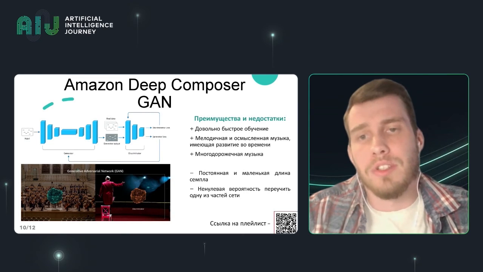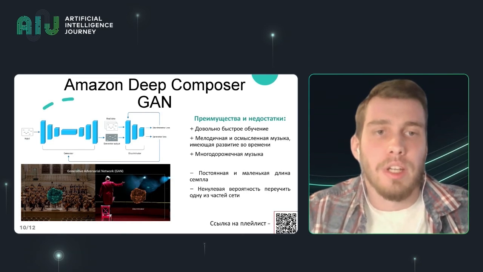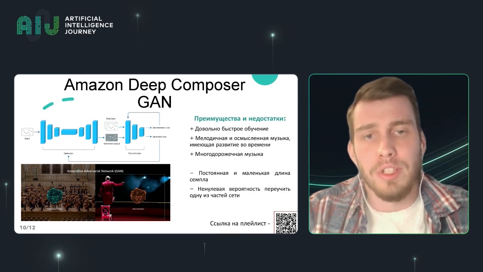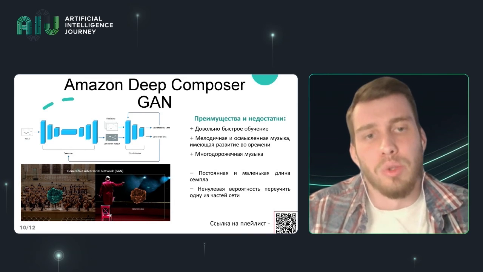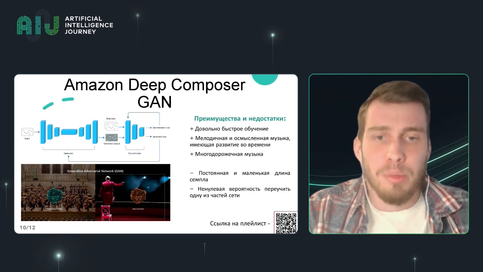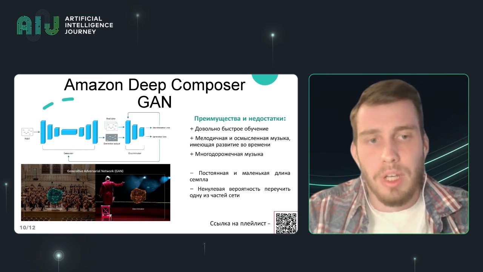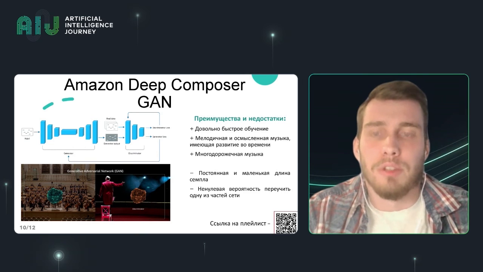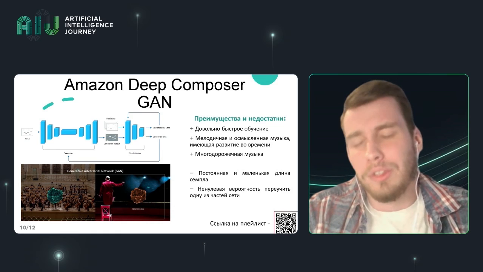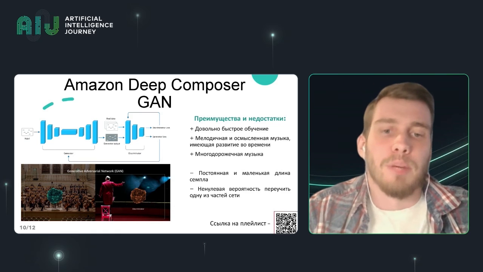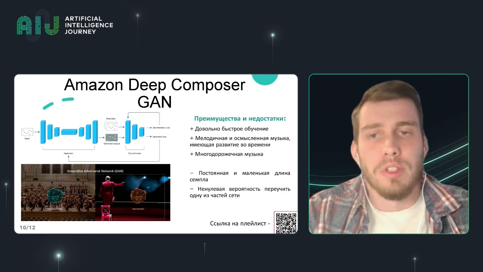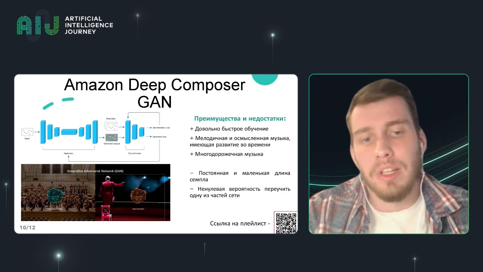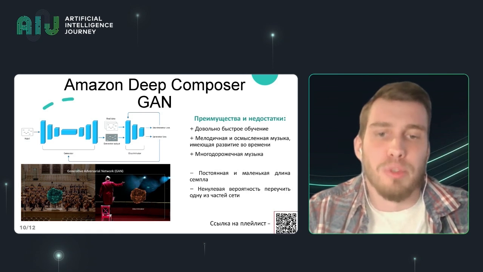The last architecture we're going to look at is Amazon DeepComposer. It's a generative adversarial network, and it differs in the sense that it has two neural nets, a generator and a discriminator. The generator tries to compose something that looks like this composer's work, and the discriminator tries to classify whether the result is part of the training set or not.